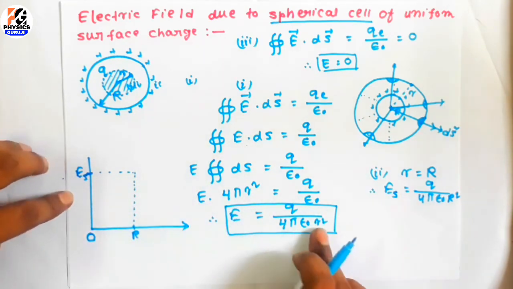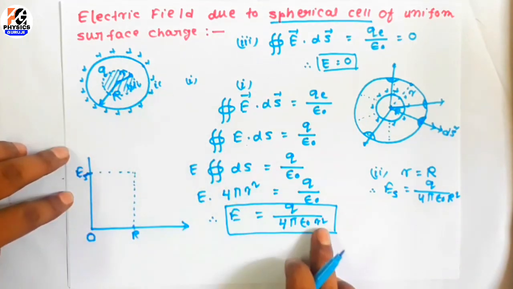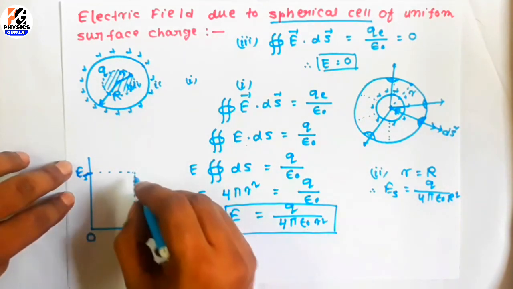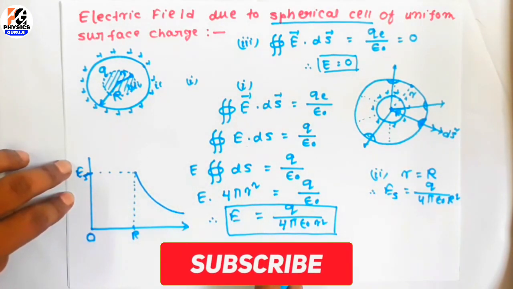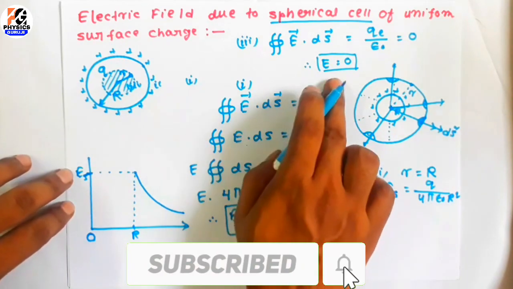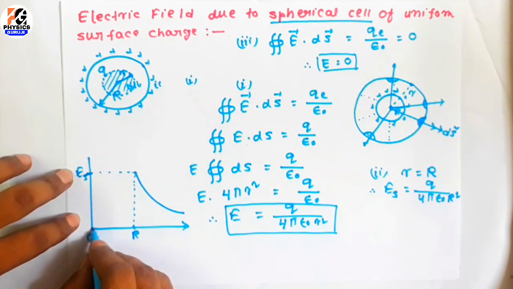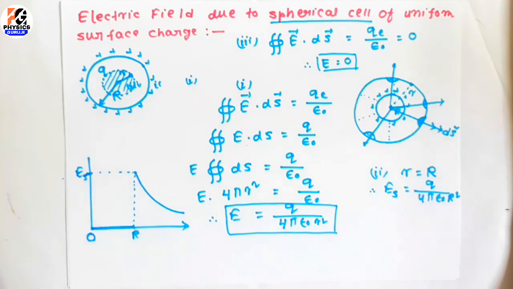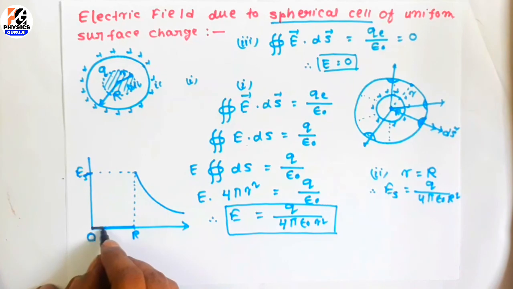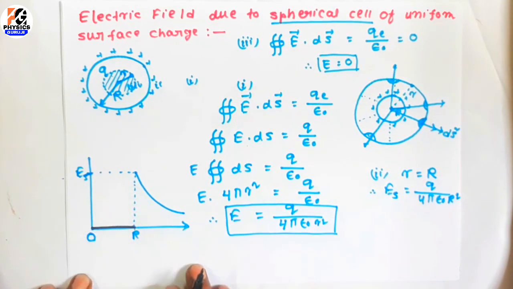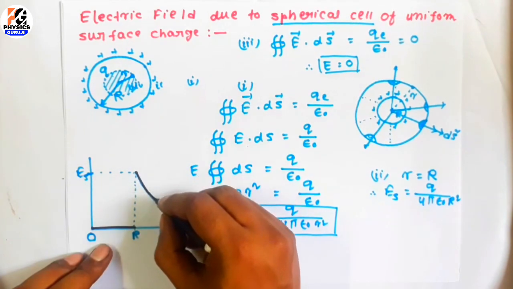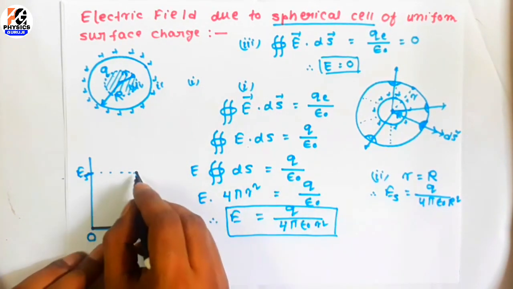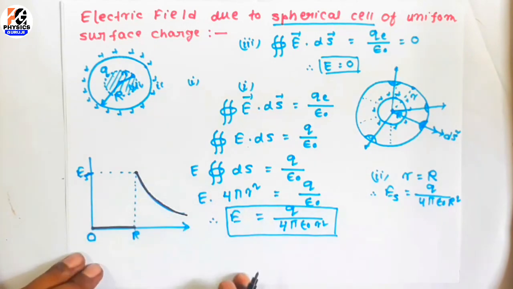Outside the surface the electric field varies as 1 by r squared, that is, it will decrease in this way, 1 by r squared, and inside the surface the electric field is 0. So inside it is like this. So the whole graph looks like this one. This is the electric field inside the surface, that is 0, and this is the electric field outside the surface, and the electric field on the surface has this value.